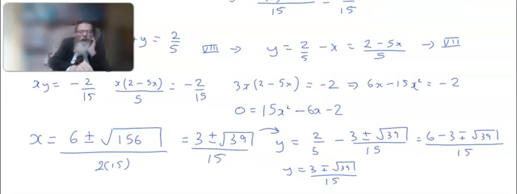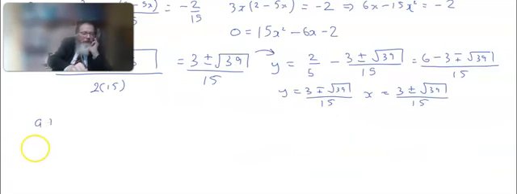And so y equals 3 minus root 39 upon 15, or 3 plus root 39 upon 15. And the corresponding values of x are 3 plus or minus root 39 upon 15. And so all I have to do now is to find the values of a and b.